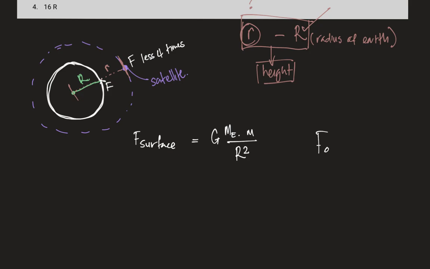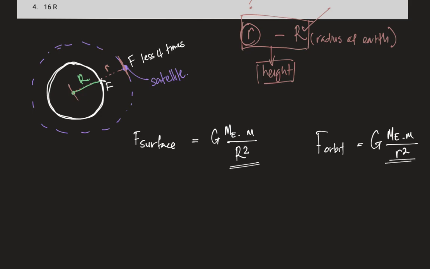And I've got force of my orbit, which is my satellite, and I've got G mass of the Earth times mass of the satellite over r squared. So I want you to notice the distances there are different. The first thing I know is that at my surface, it's 4 times less.